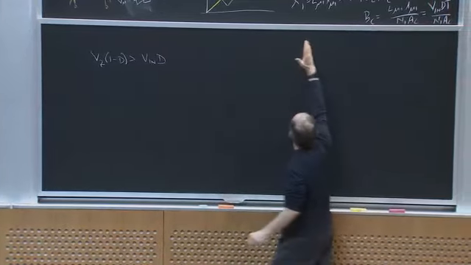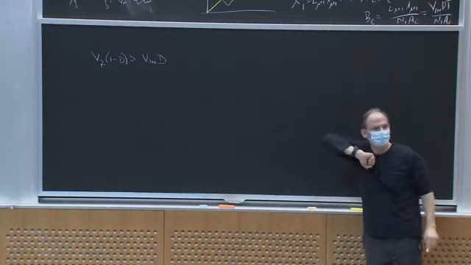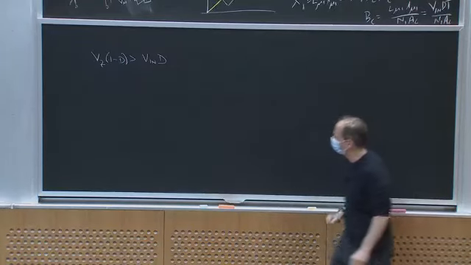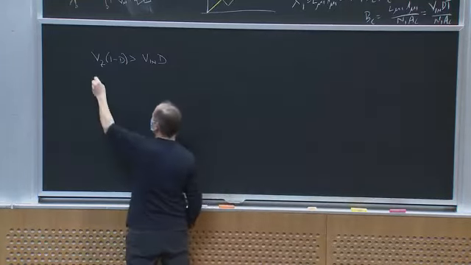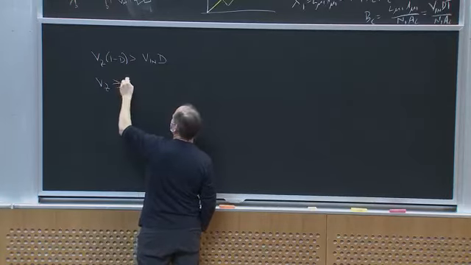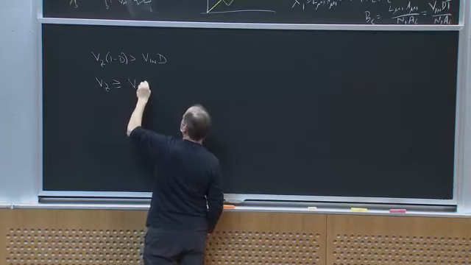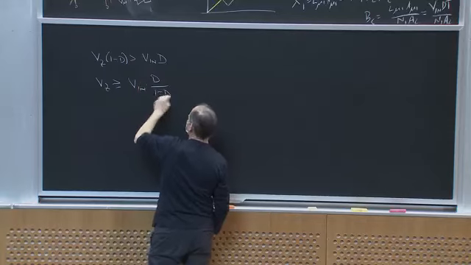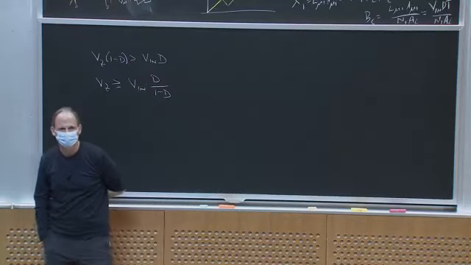Otherwise I won't get enough negative volt seconds to offset the positive volt seconds. And that means Vz has to be greater than or equal to Vn times D over 1 minus D. That make sense, everybody?